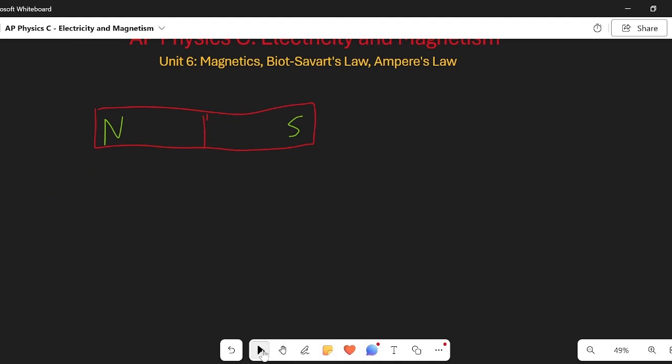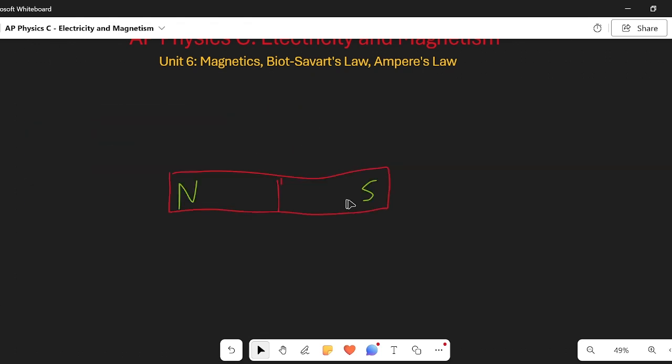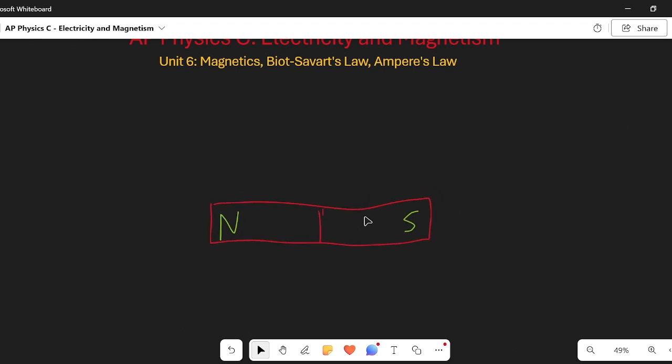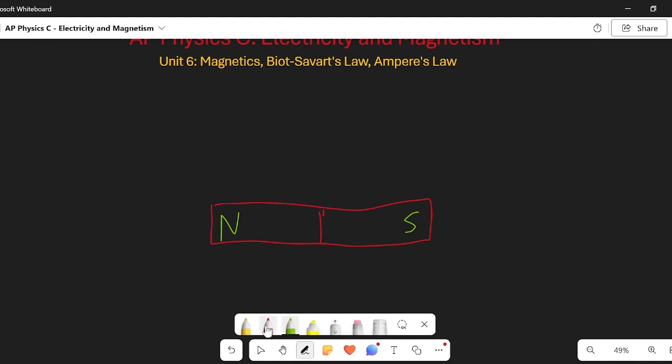And in fact, let me move this down, since we are going to look at what a magnetic field looks like. So first, magnetic monopoles have never been found. If we took this magnetic dipole and split it in half down this axis, it would form two new poles like so.